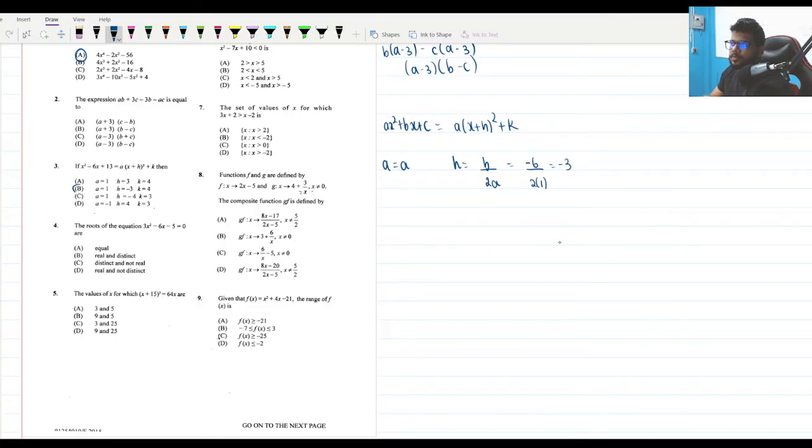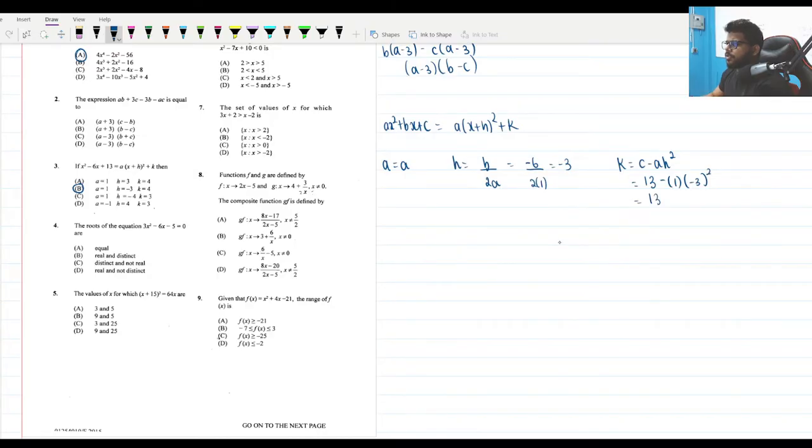So B could only be the possible answer for this one, and K is equal to C minus A H squared. C in the quadratic is 13, minus A was 1, and H was minus 3 squared.